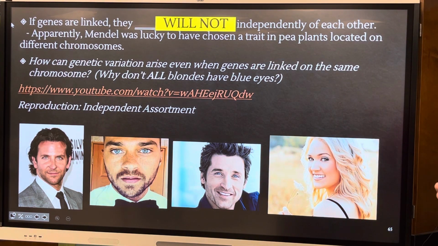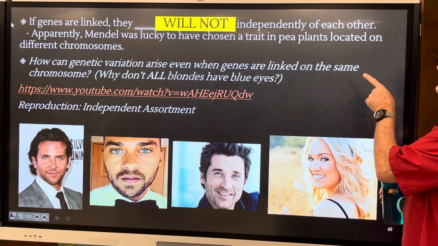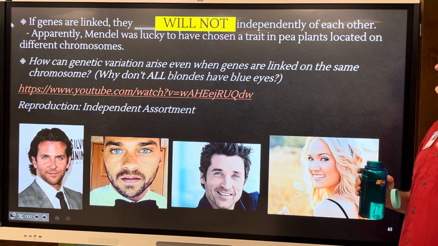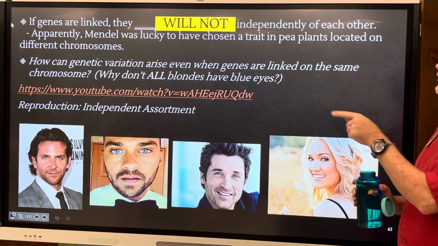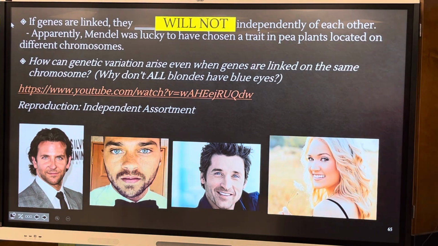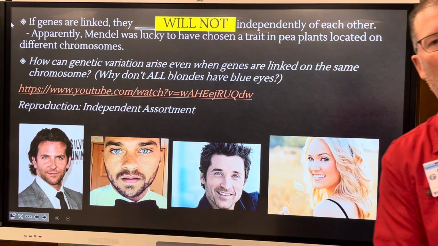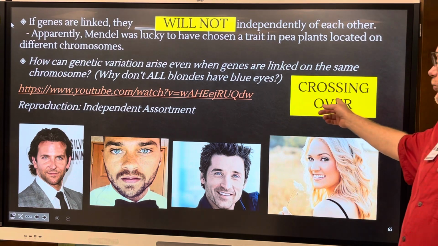So how can genetic variation arise even when the genes are linked on the same chromosome? Why, for example, why don't all blondes have blue eyes? And I don't mean the fake blondes, the ones who dye their hair. Careful with that one, okay? So we know the answer.